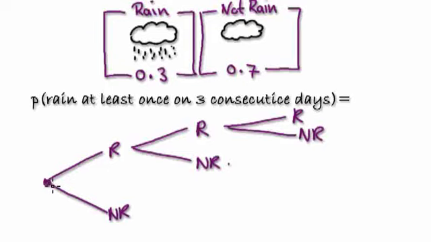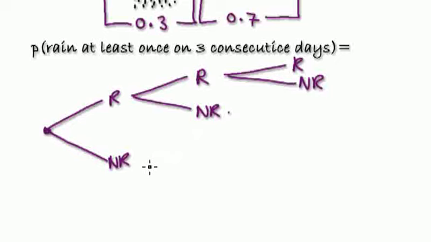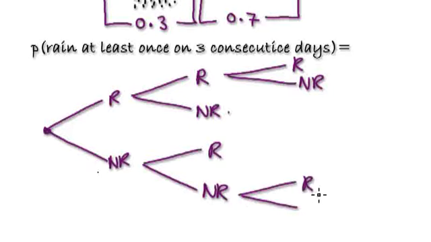Okay, let's go back to the beginning here. You start here. Let's say it doesn't rain. Okay, and then on your second day it could either rain or not rain. Okay, let's go back to the beginning. It didn't rain, it didn't rain. So on your final day, it could either rain or not rain. Okay, let's go back to the beginning. Let's say it rained on your first day, not rained on the second day.